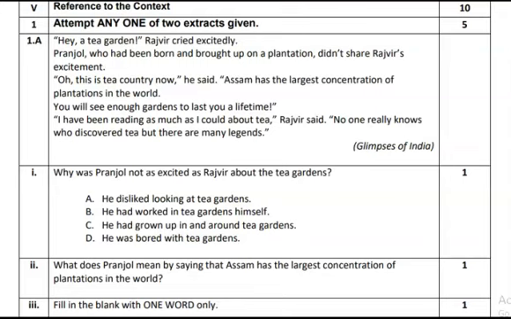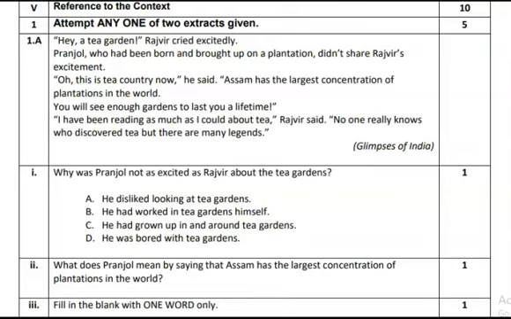"Oh, this is tea country now," he said. "Assam has the largest concentration of plantations in the world. You will see enough gardens to last you a lifetime." Then Rajbir's statement is, "I have been reading as much as I could about tea," Rajbir said. "No one really knows who discovered tea, but there are many legends."